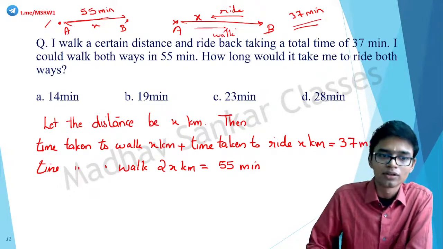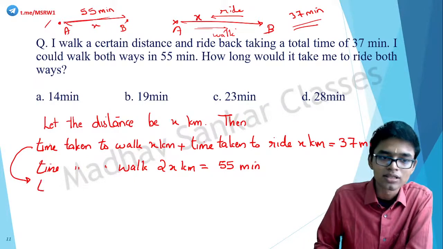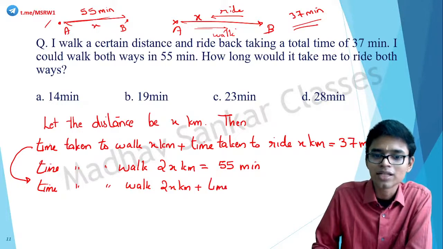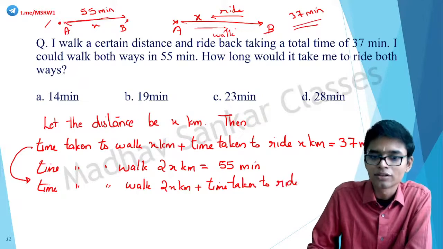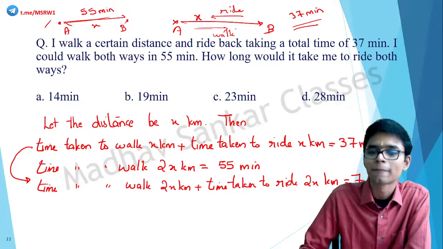Now, from this statement, we are multiplying this statement by 2. Time taken to walk 2x kilometers plus time taken to ride 2x kilometers is equal to 74 minutes.